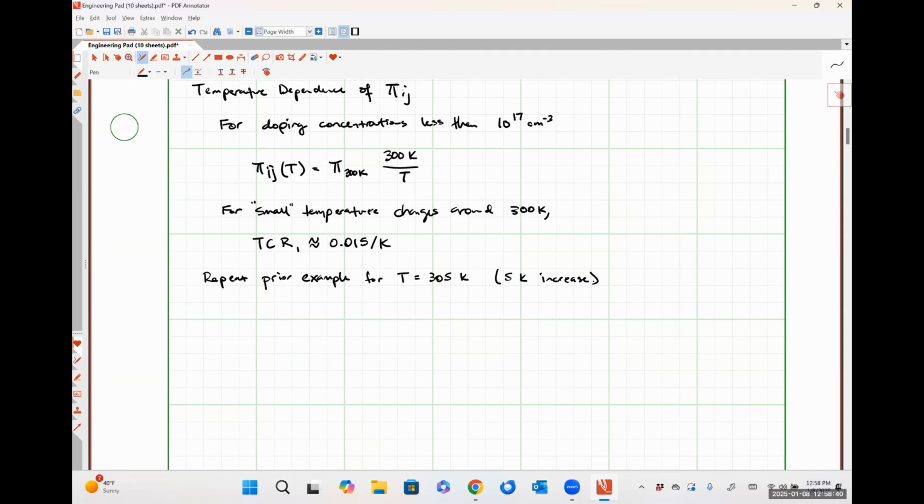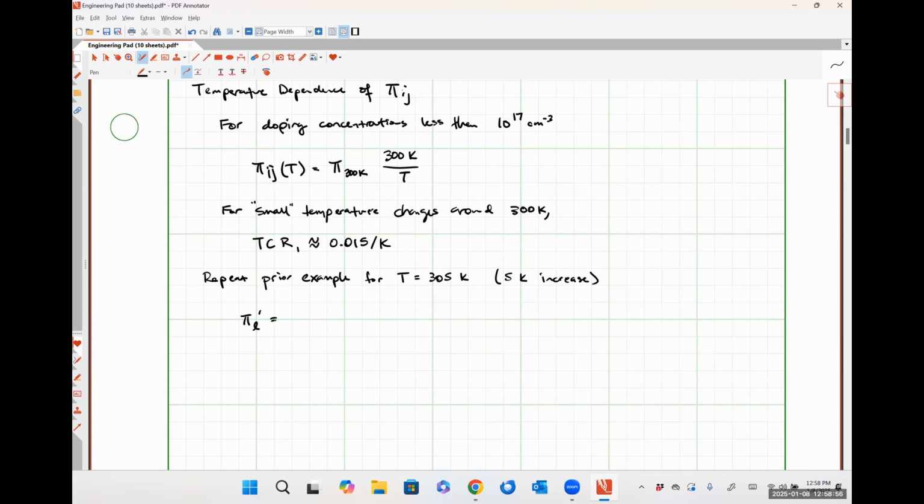So at this temperature change, I'm going to call this pi longitudinal prime.